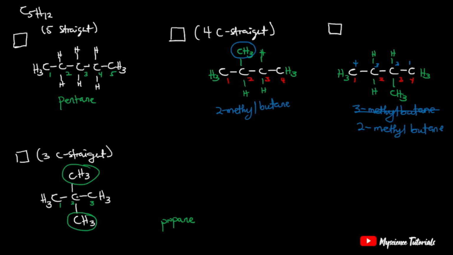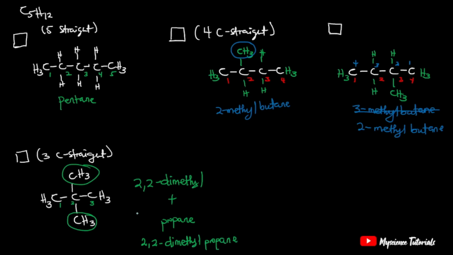And both methyl groups are on what? Carbon 2. So we have 2,2-dimethyl. So we only add it to the propane to get the name of this compound. So this compound is 2,2-dimethylpropane.